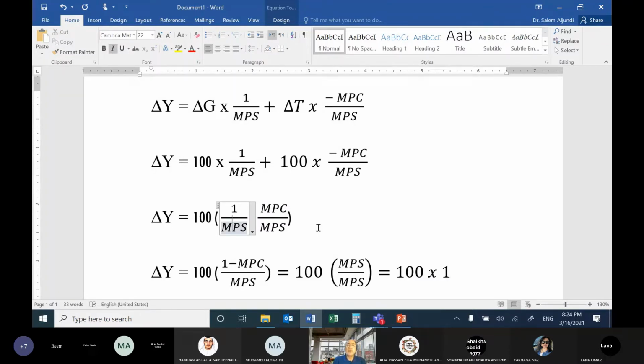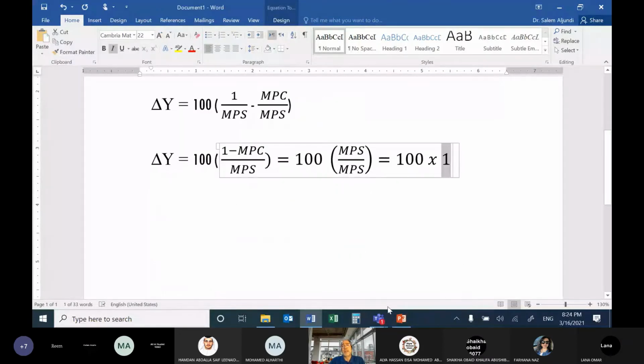And now the marginal propensity to consume is .75 divided by .25. So see here, the government spending multiplier will be +4. The tax multiplier will be -3. So 4 minus 3 will be plus 1, which is the balanced budget multiplier.